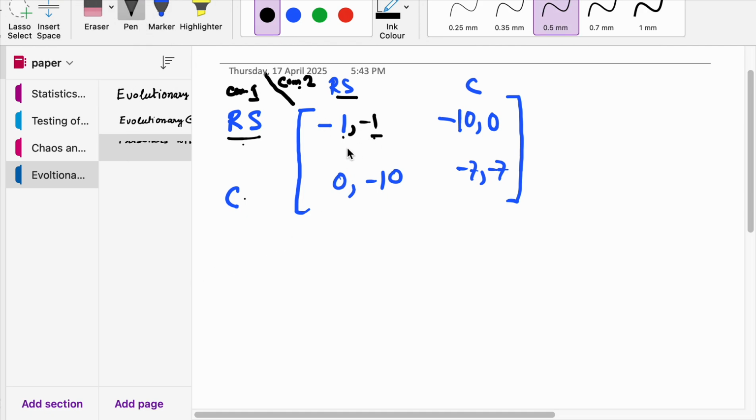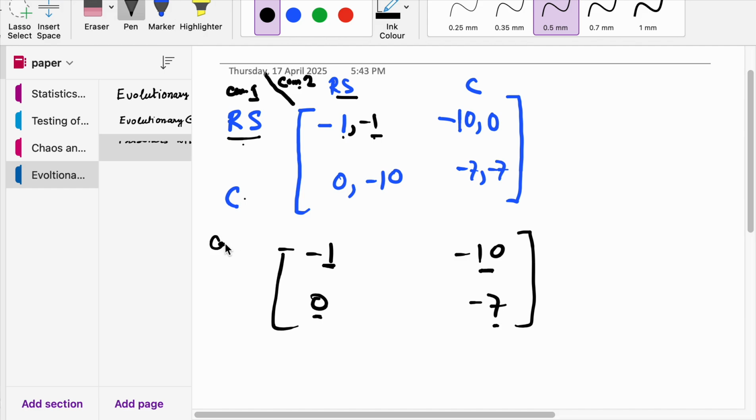If I write minus 1, minus 10, 0, minus 7, these numbers are the payoff that convict 1 gets by taking a particular action against a particular action of the opponent. The same payoff matrix holds for convict 2.